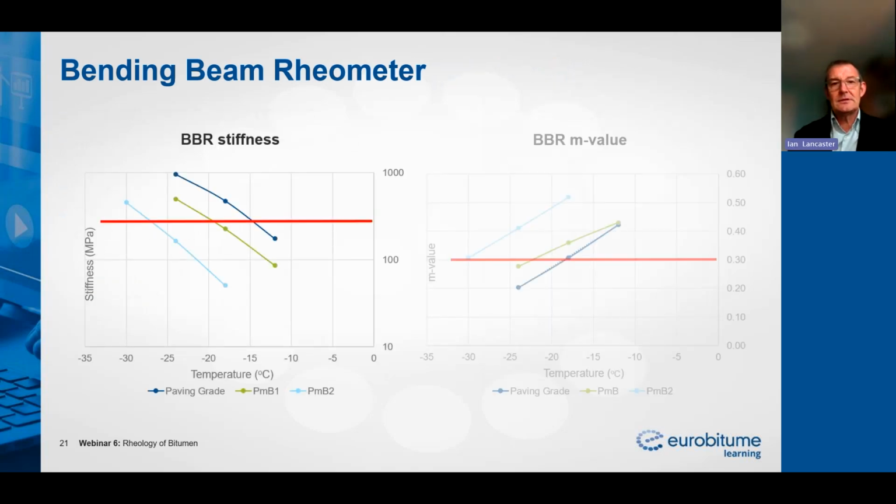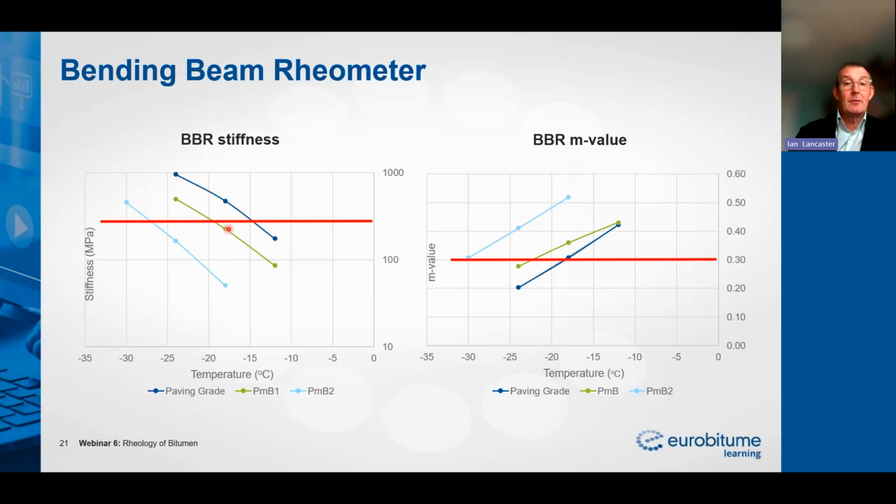Let's have a look at some outputs from that. Here you can see this is our critical stiffness at 300 megapascals. On this side, here's our M value equals 0.3. Looking at paving grade bitumen, we might achieve a critical stiffness at about -17.